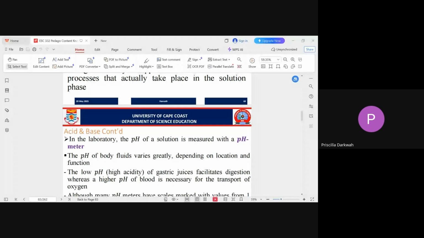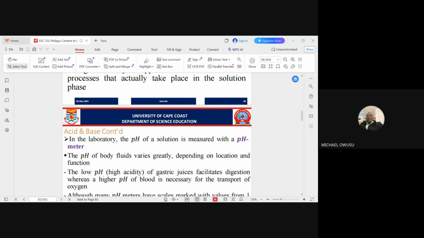So 1.35 times 10 raised to the power negative 3 molar.